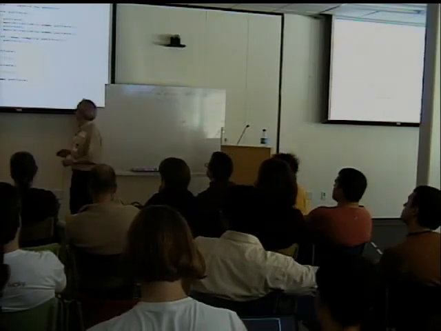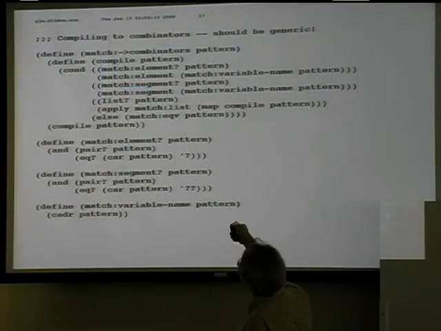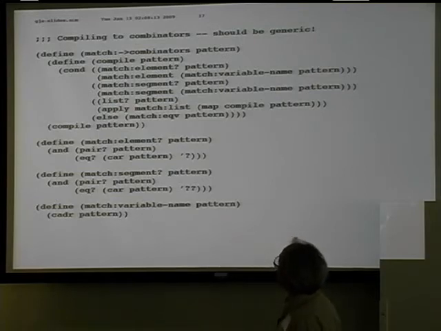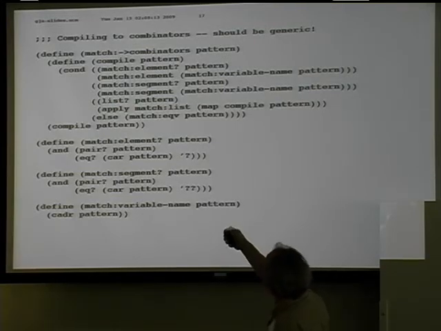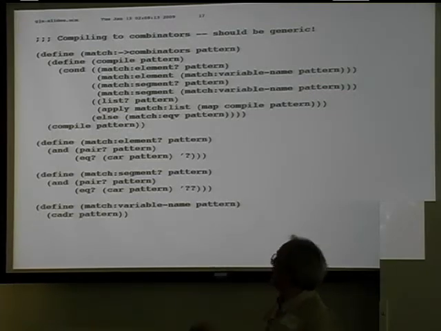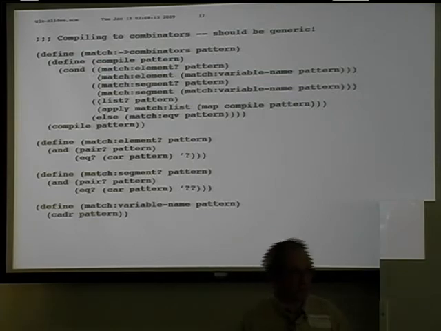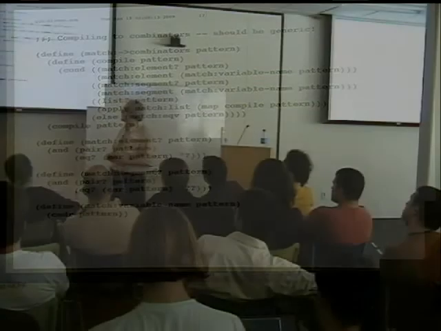Here are particular ones. If I have an element matcher for a pattern, then I'm going to pull out the variable name. Here I'm just dealing with syntax and turning it into a set of combinators. If I have a list pattern, then what happens here is I'm making a list combinator, which is the result of compiling all the patterns which are in the pieces of the list. I'll let you think about that for a few seconds.